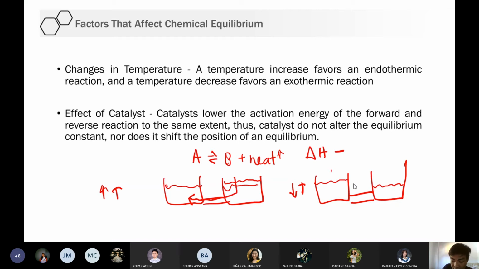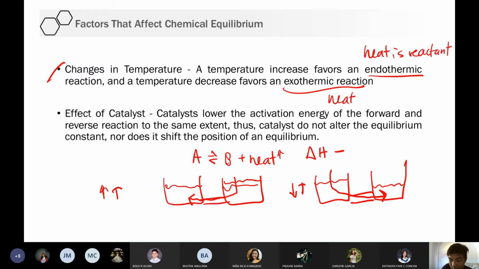So that will push the reaction to the right side. You can use the water bucket analogy for changes in temperature. Again, for an endothermic reaction, heat is a reactant, and for an exothermic reaction, heat is a product.